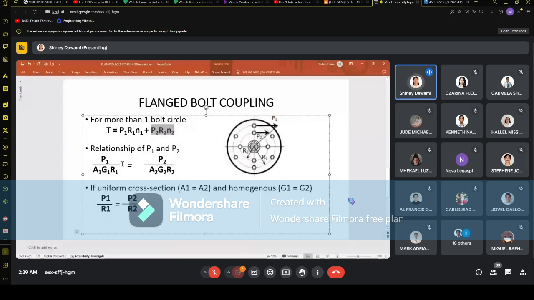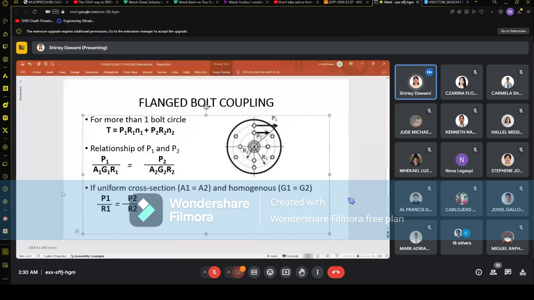If you remember our lesson yesterday, the farther from the center, the higher the shearing stress. Okay, so if uniform cross-section, that means A1 is equal to A2, the same diameter.